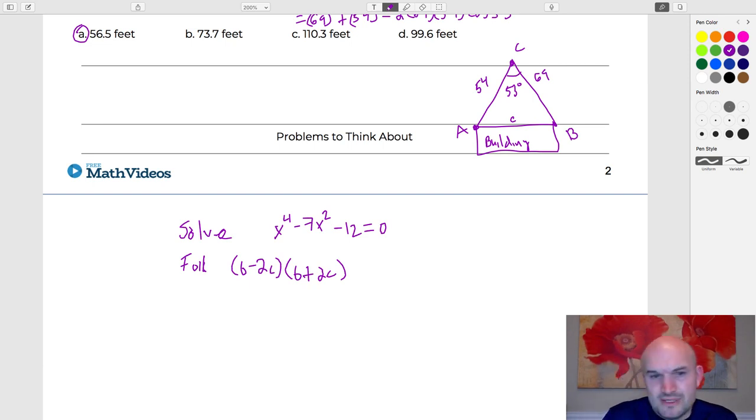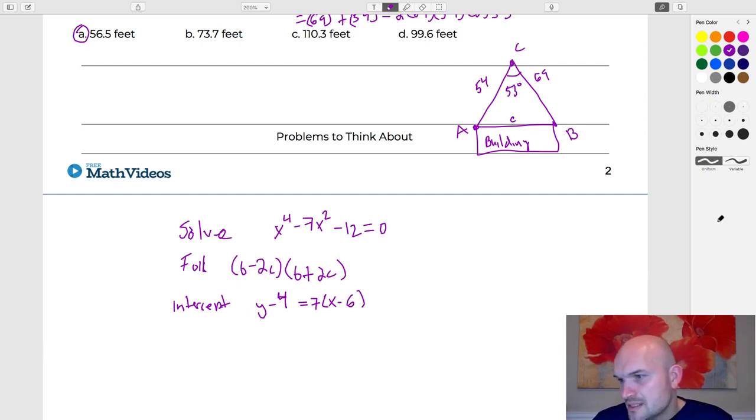Find the intercepts, all right, I can do that. This one comes from Sizzy La Loca: y minus 4 equals 7 times x minus 6. So that's to find the intercepts.